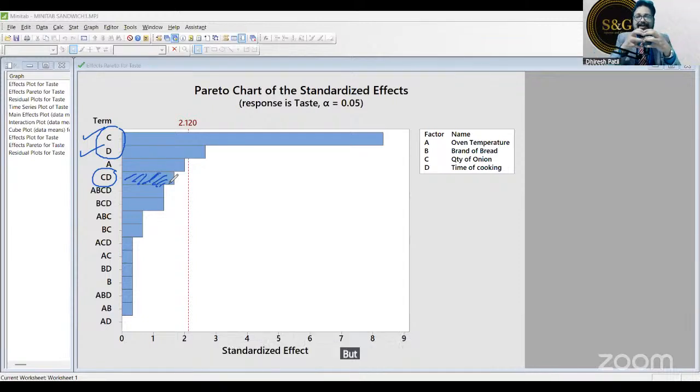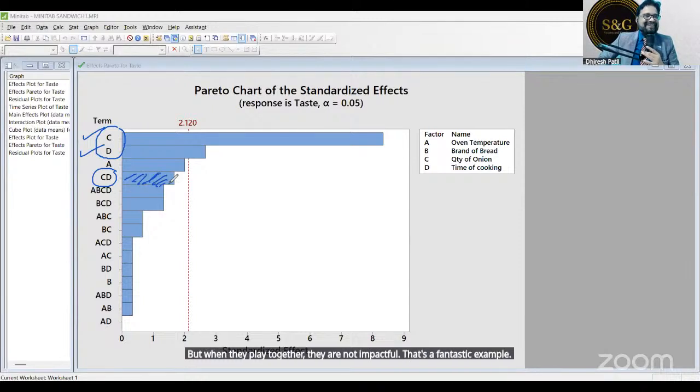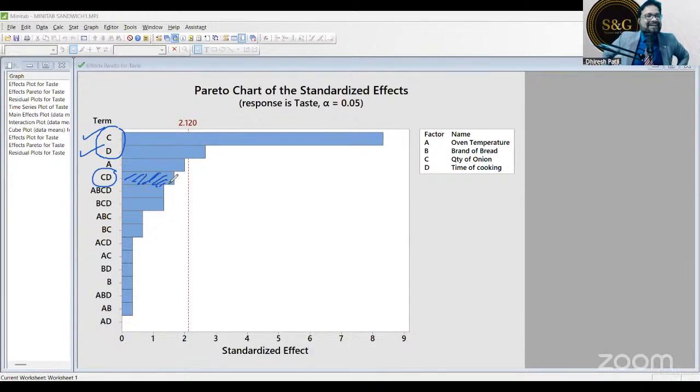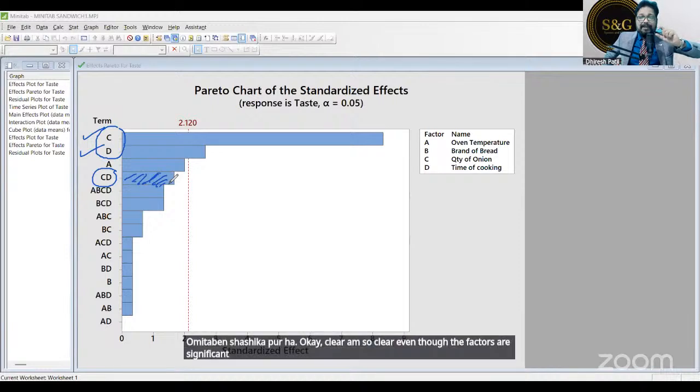When they play together, they are not impactful. This is a fantastic example. Amitabh and Shashi Kapoor. So even though the factors are significant, that does not mean the combination of the factors will also be significant. Not necessarily.